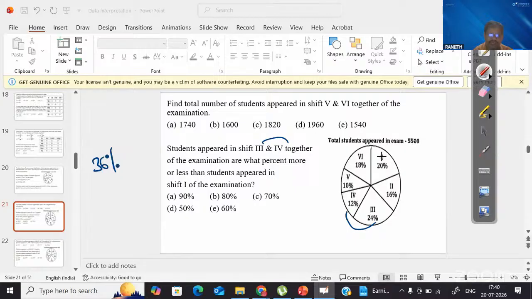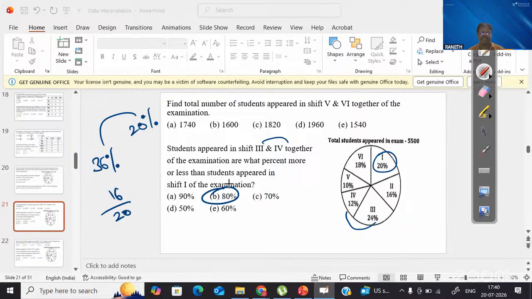Appeared in first, that is 20 percentage. What is the difference of 36 and 20? It will be equal to 16. 16 by 20 will be equal to 80 percentage.